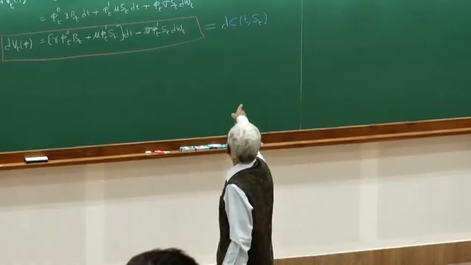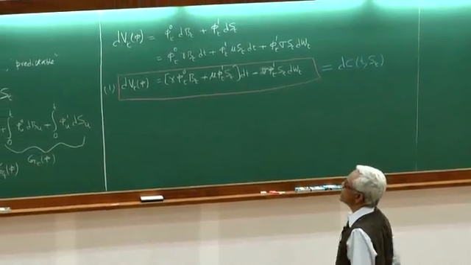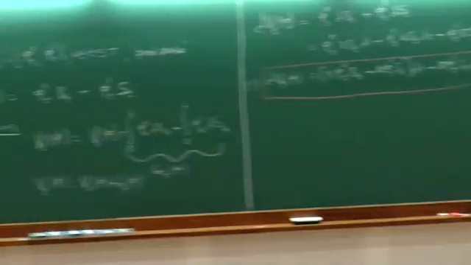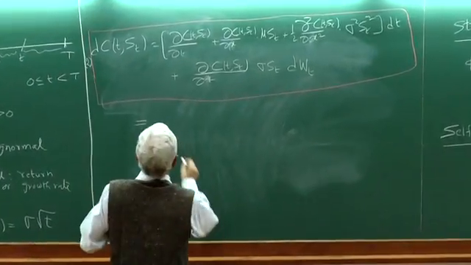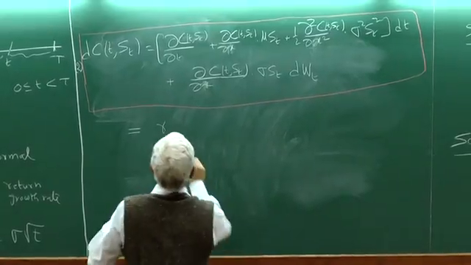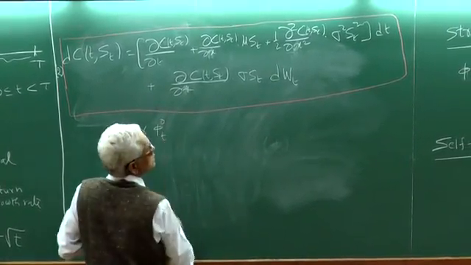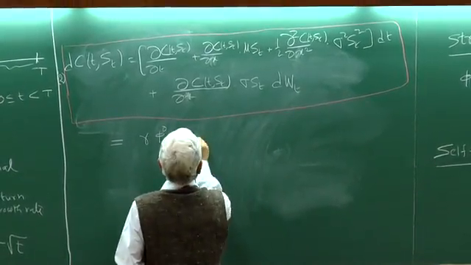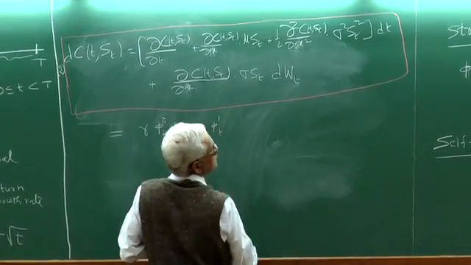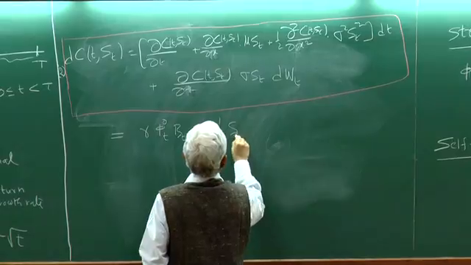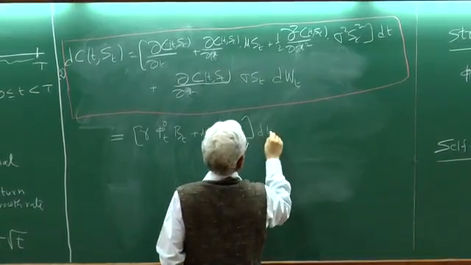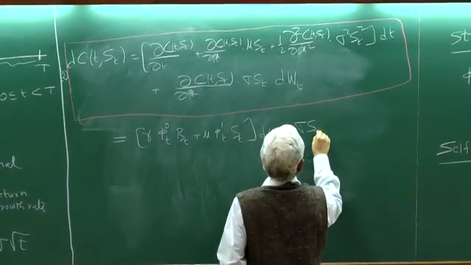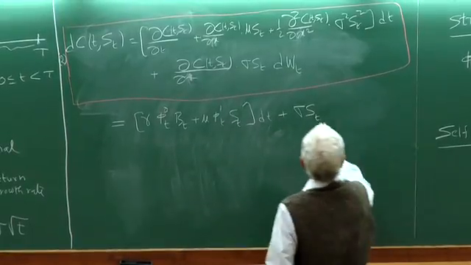So the dC_t I have evaluated there and dC_t I have evaluated here, right? So from 1 and 2, this expression is going to be r phi 0 of t B_t plus mu phi 1 of t S_t dt plus sigma phi 1 of t S_t dW_t.